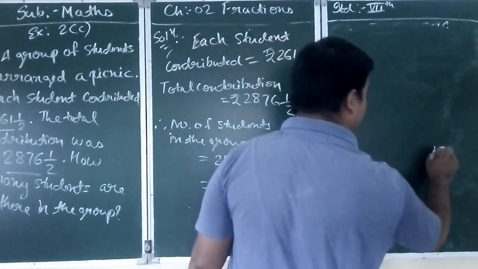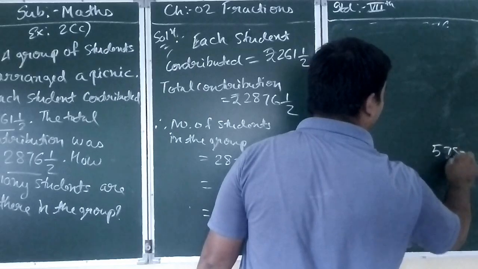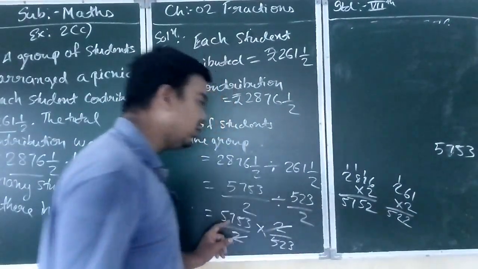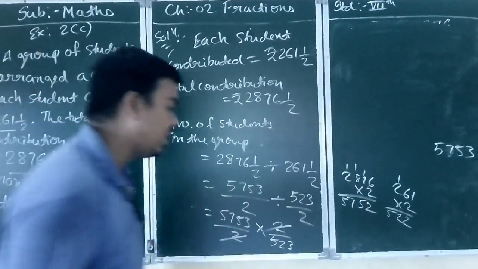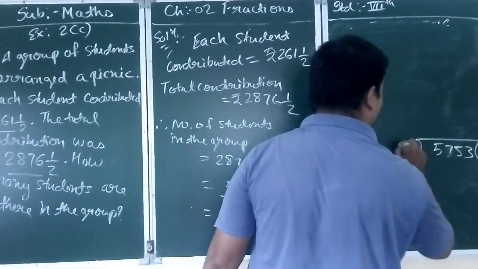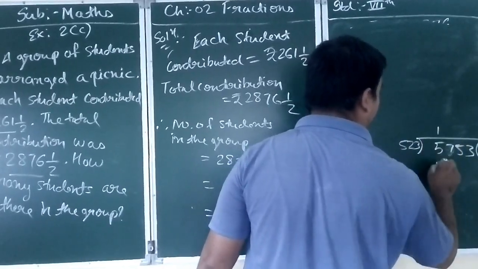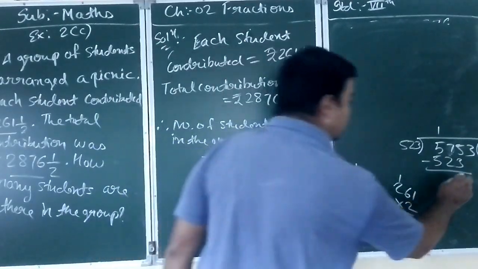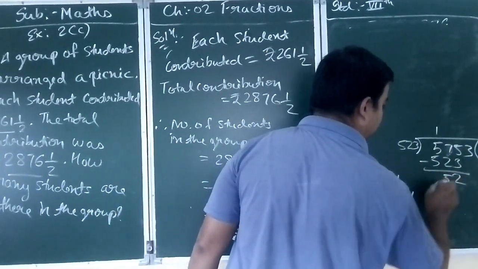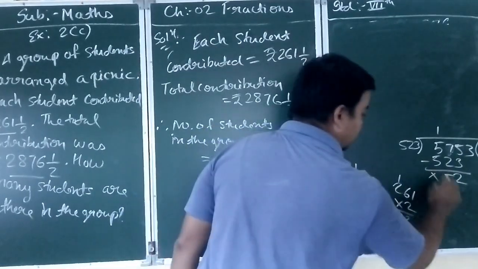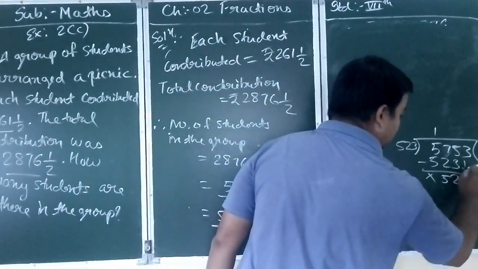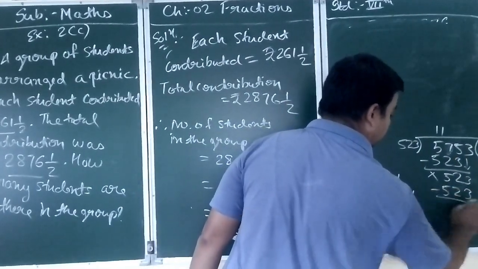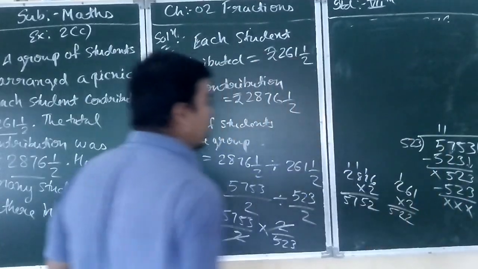So 5753 divided by 523. 523 times 1 is 523, 5 minus 3 is 2, 7 minus 5 is 2, then 3 comes down. So again 523 times 1. So the answer is 11.